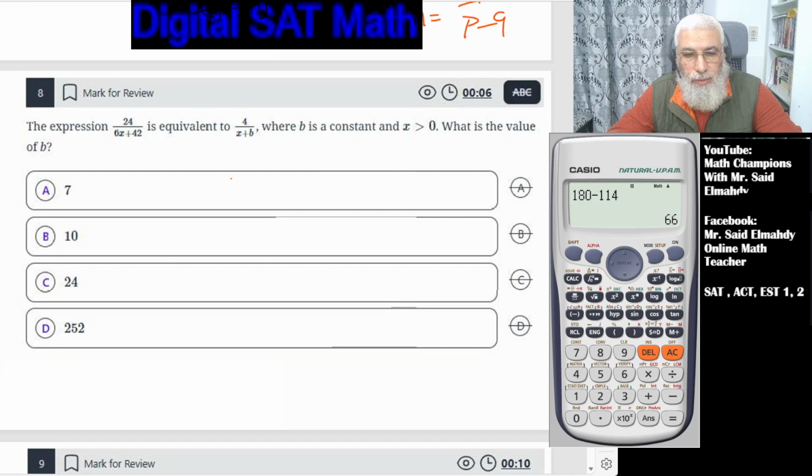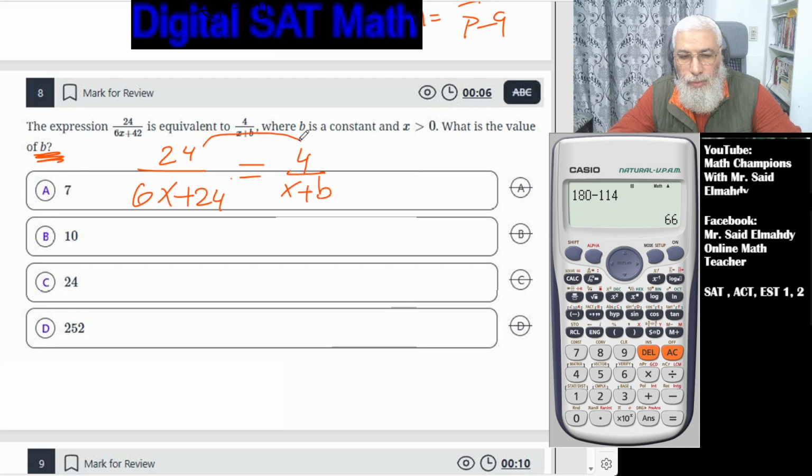The expression 24 over 6x plus 42 is equivalent to 4 over x plus b, where b is a constant and x is greater than 0. What's the value of b?